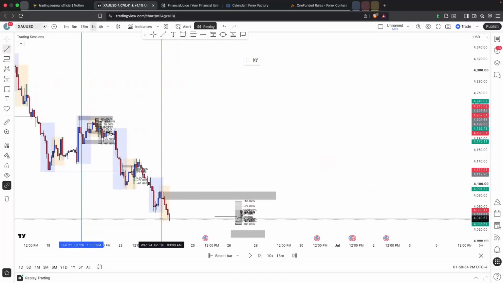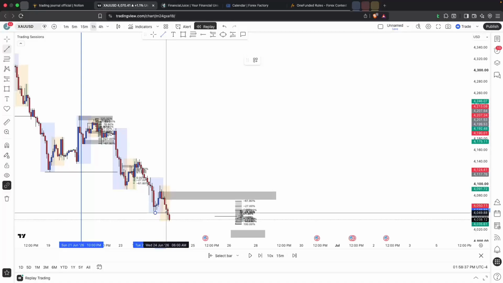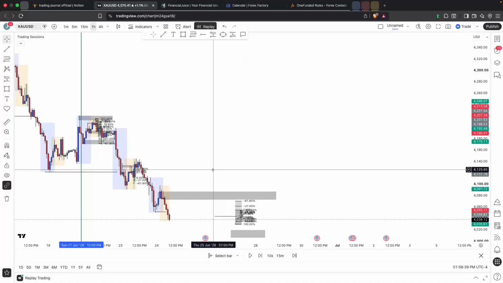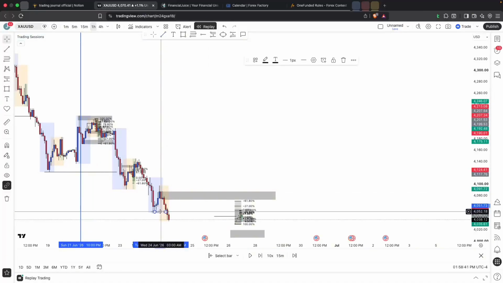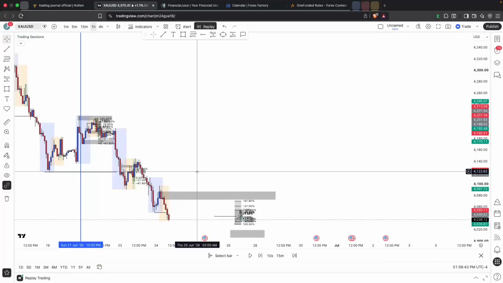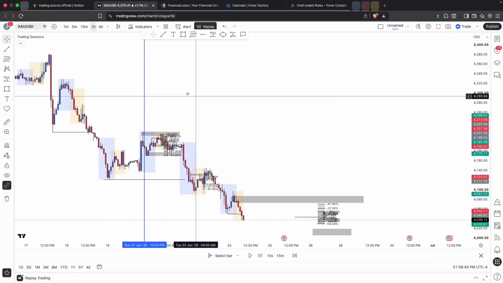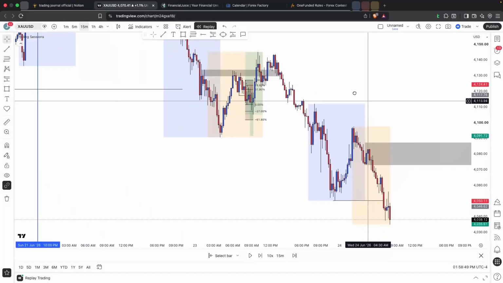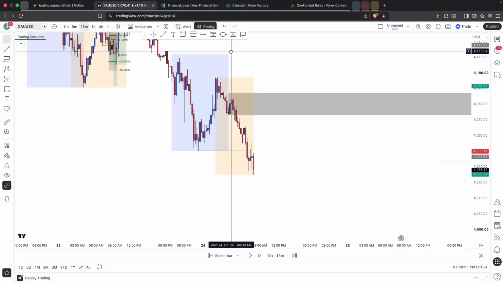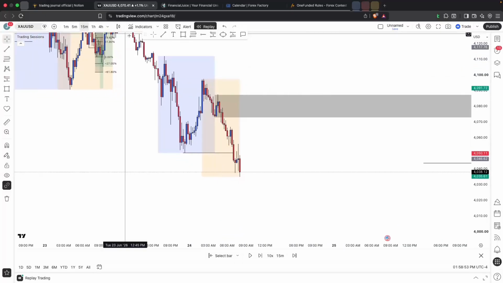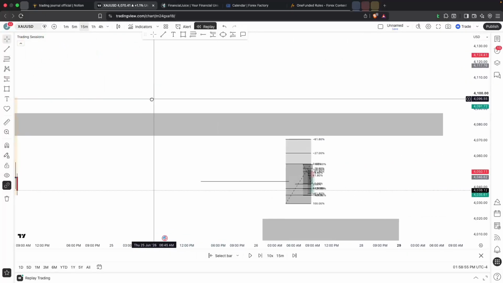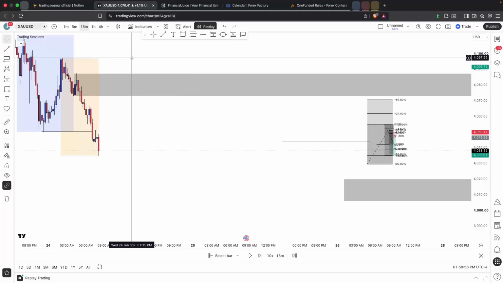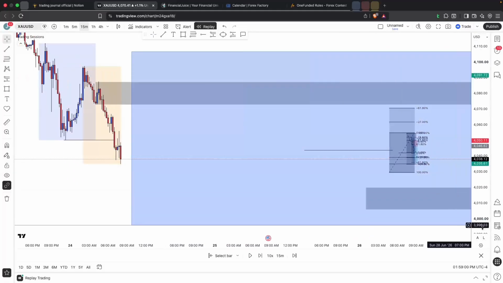So you break the structure right here. So now I'm looking for a pullback. I had this zone marked from later on. I could just delete this for now.